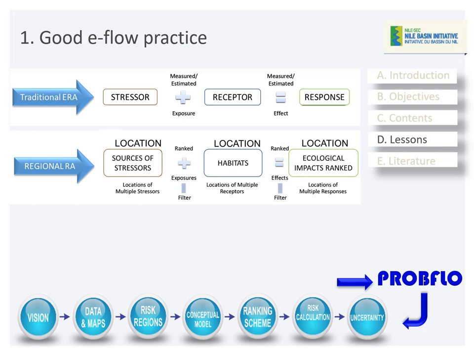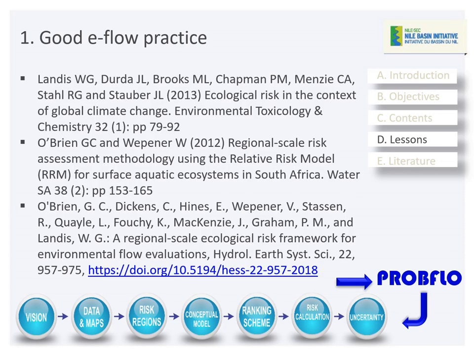And what was important then was to consider the location of these different attributes or features in the environment, and that would influence the probable risk pathways, whether there is an opportunity for exposure and ecological effects of these different stresses in the environment based on where they occur in the environment, and how in a resource, for example, they can flow or move from one area to another area. So that was the foundation of the development of the regional scale risk assessment framework, which is an upscaling from the traditional environmental flow assessment.